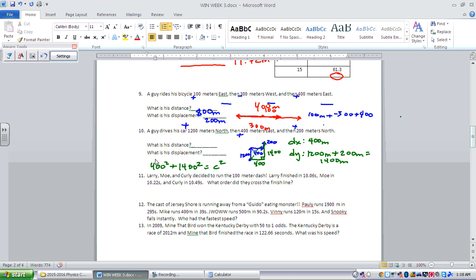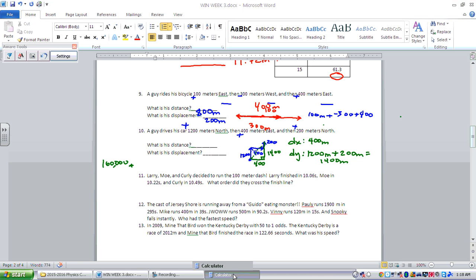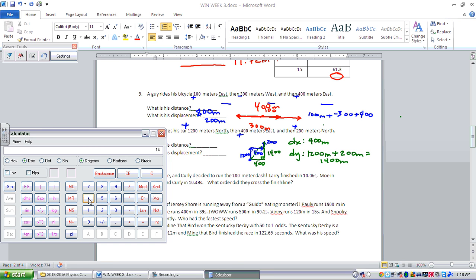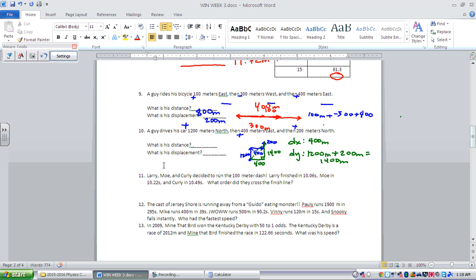So 400 squared would be 160,000. And then we're going to add that with 1,400 squared. And that ends up being 1,400 times 1,400. This is 1,960,000.